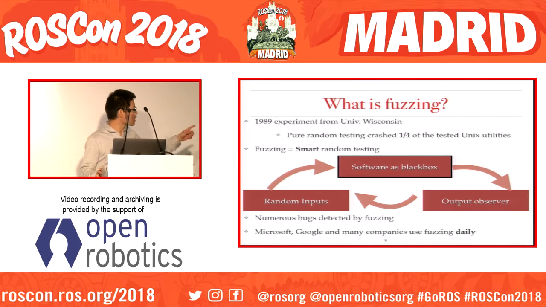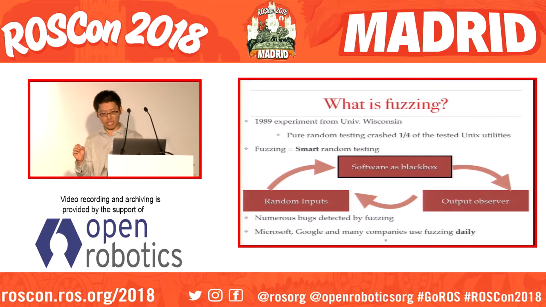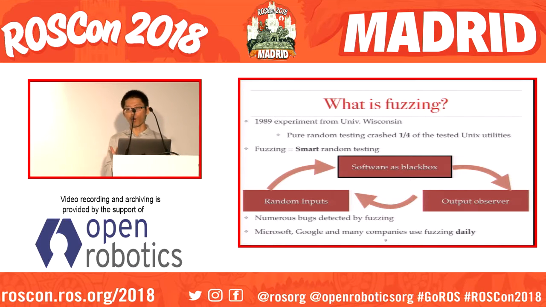So the diagram here is the high level part of fuzzing. You have a software treated as a black box. You feed random inputs into the software. You get the output. Fuzzing observes the output and gives feedback to your random input generator to help you get more sensible, relevant random inputs to your software to trigger more crashes.